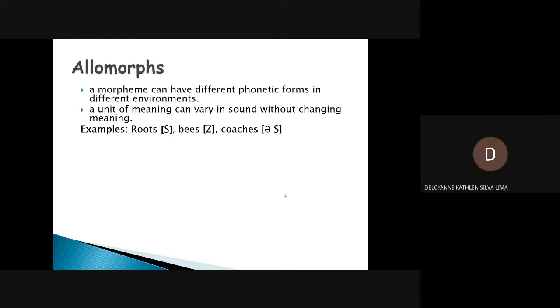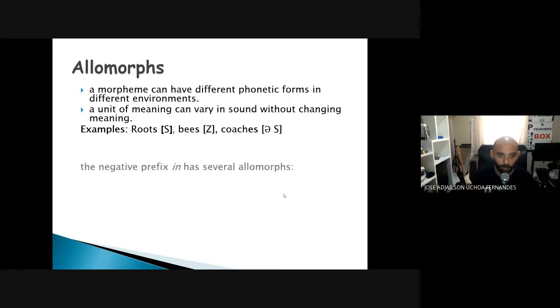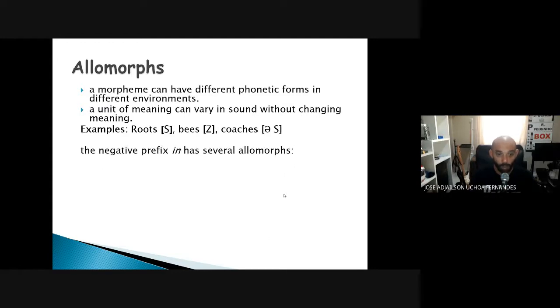Yes. Okay, so let's move ahead. Now let's take a look at another prefix, which is in, as in indispensable, and impossible is another allomorph. Indiscreet. Now look at incapable.